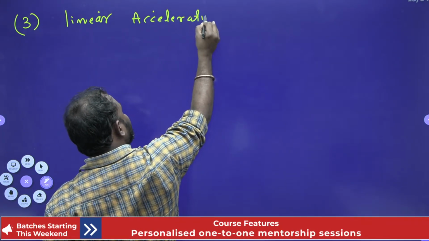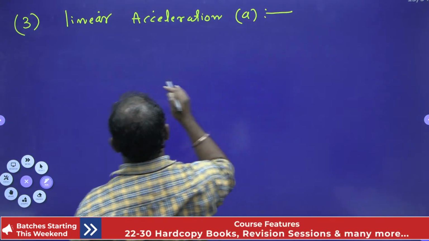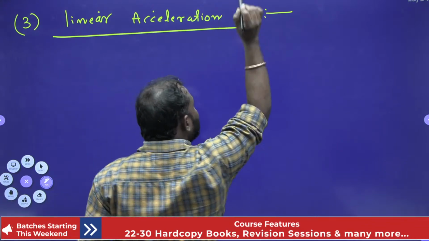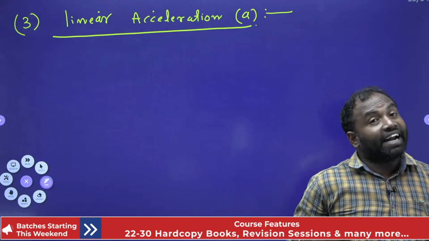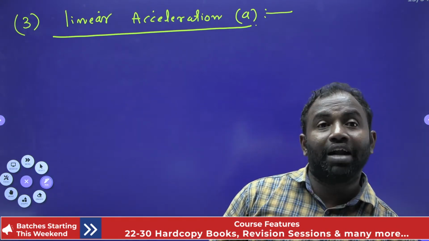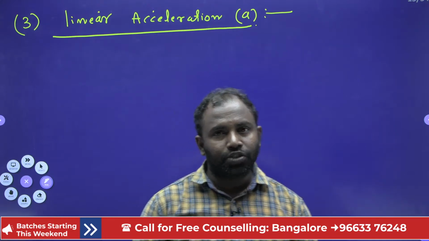This linear acceleration we indicate with a. Guys, what is the definition of acceleration? The rate of change of velocity with respect to time comes under linear acceleration. We already know that.